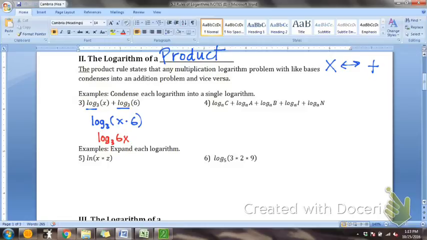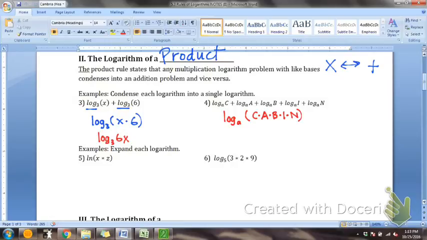On number 4, seems like a lot, but what do we have in common among all of them? Log A. So I'm going to pull log A out. And then what do I have left? C times A times B times I. Log cabin. There it is.